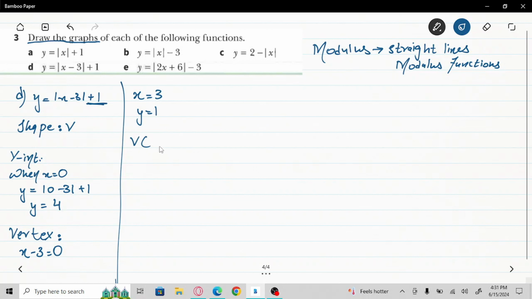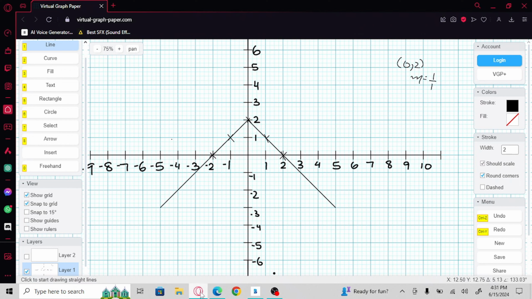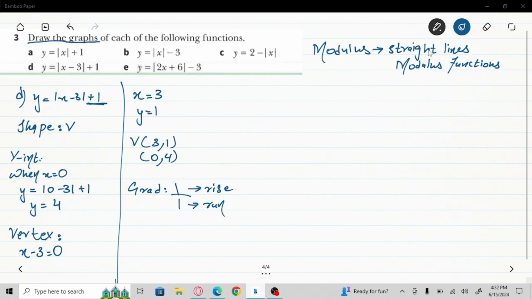So we have the vertex point, which is 3 and 1, and we have the y-intercept, which is 0 and 4. Now what's the gradient? With the x coordinate we have nothing, which means we assume it to be 1. So 1 upon 1, 1 is the rise, while 1 is the run. Okay, so we have these things. Let's copy this on the graph. We are going to copy 3, 1, and 0, 4.